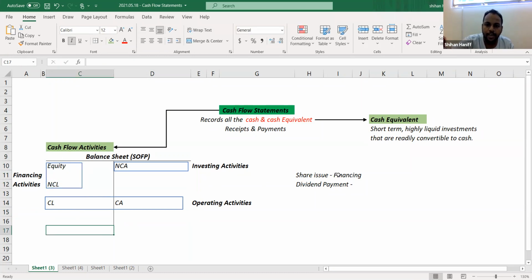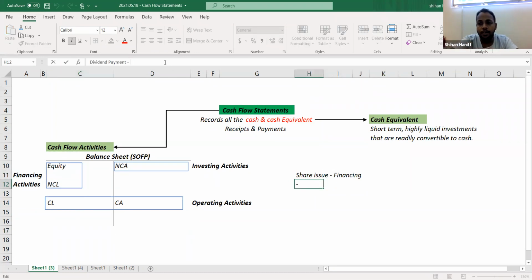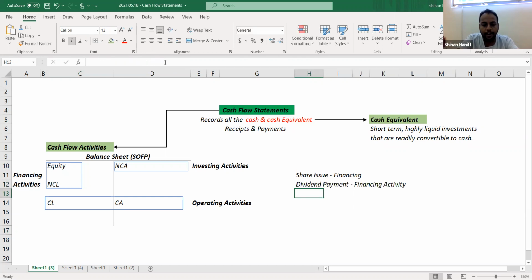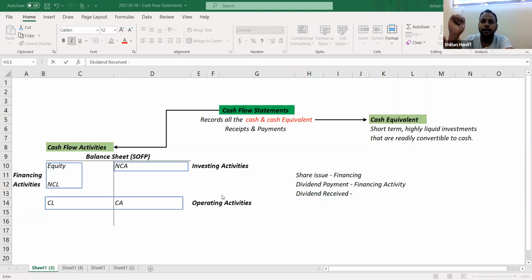So if you take share issue, it's a financing activity. Dividend payment, you pay dividend for your capital, shares. So it's a financing activity. If you take dividend receipt, what is the activity? We receive dividend for investment.